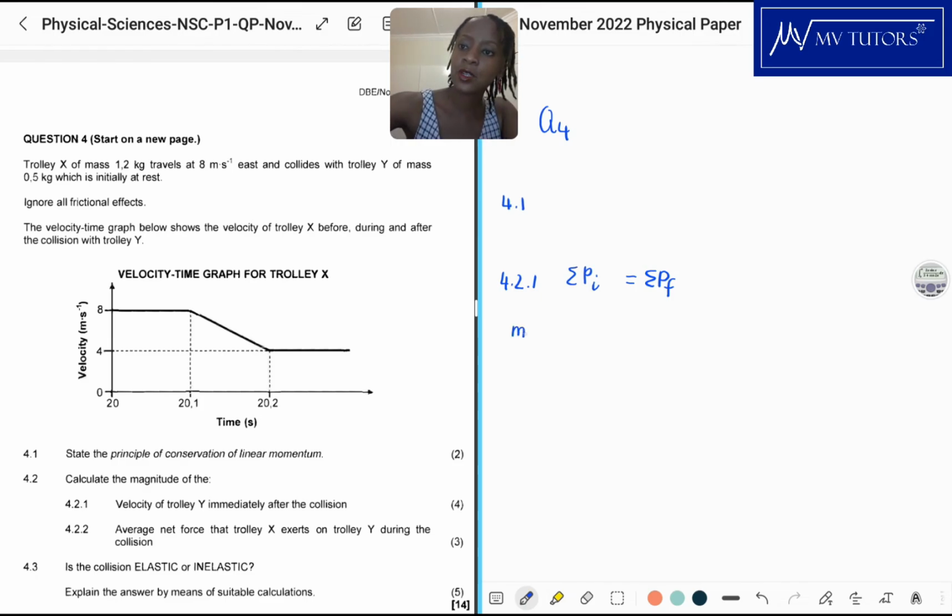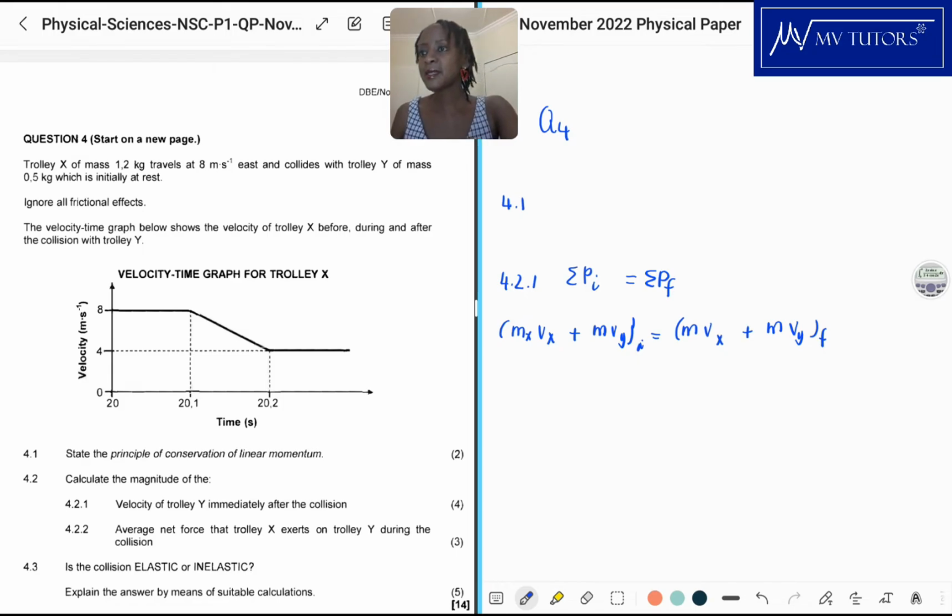So the mass of trolley X and the velocity of trolley X initially, plus the mass and velocity of trolley Y initially, is equal to the mass and velocity of trolley X finally plus the mass and velocity of trolley Y finally. Okay, you can write it much better than me.